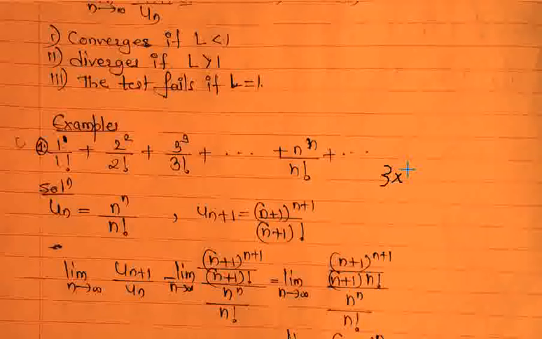Okay, so after doing all that, you get n divided by n plus 1. Take out the common of n, and then it becomes 1 divided by e. So it is 3 divided by e, which is greater than 1, so it diverges.